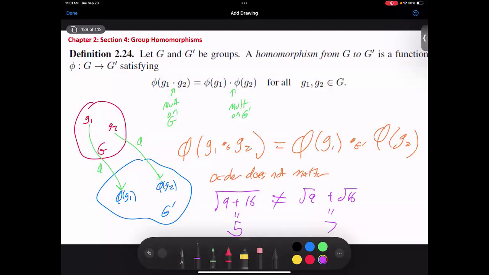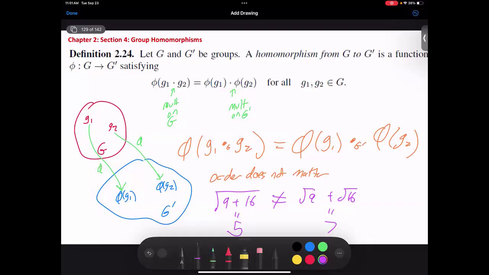In general, you can't just mix things around. You can't combine and then apply your function, and have that be the same as applying your function and then combining. So a group homomorphism is very special. It says, I have a mapping between two groups, and I can first combine and then apply phi, or I can apply phi and then combine, and I'm going to get the same answer.